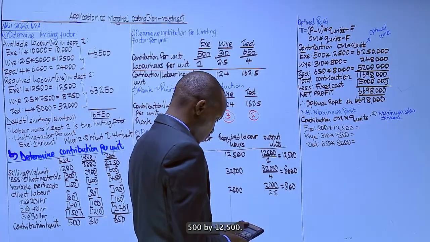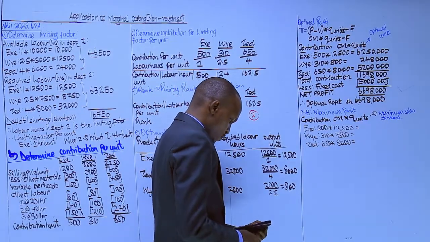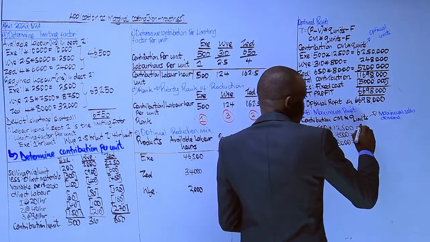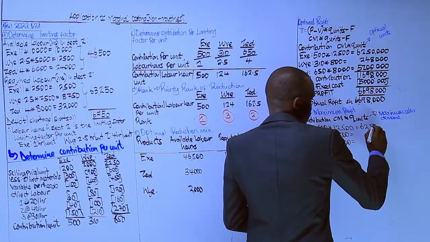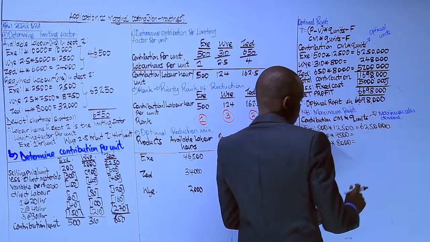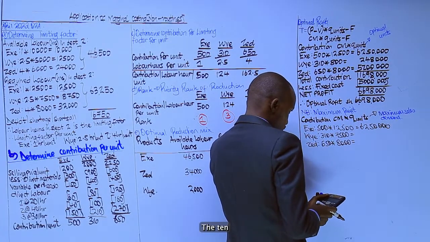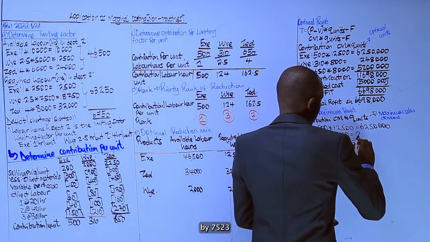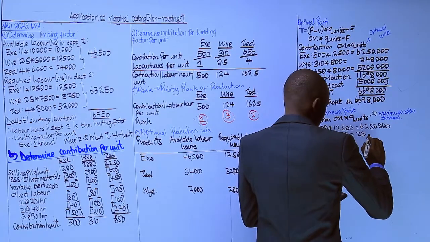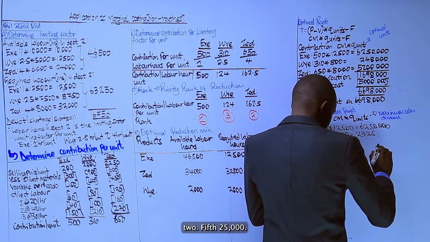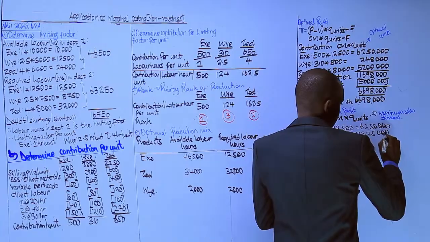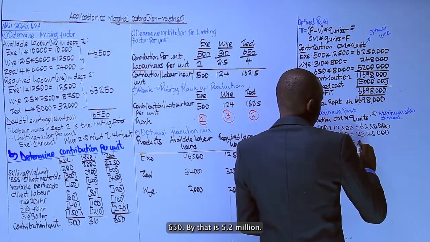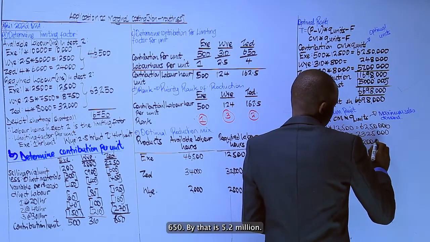500 by 12,500 is 6,250,000. $310 by 7,500 is 2,325,000. 650 by 8,000 is 5.2 million.